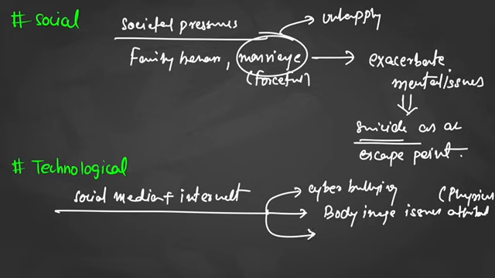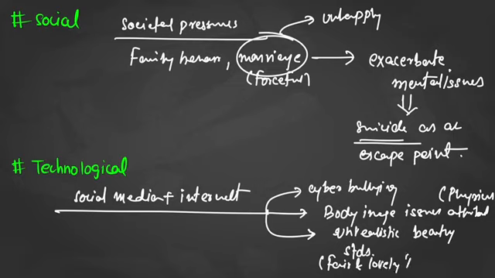The third thing you can talk about is unrealistic beauty standards. You can talk about the Fair and Lovely ad also. So all this is going to impact your mental health.